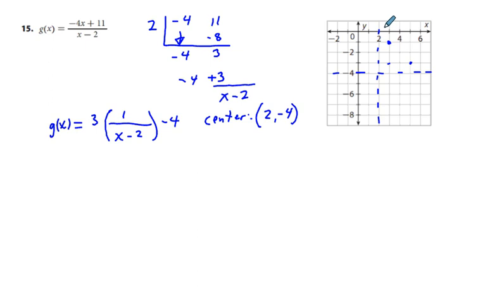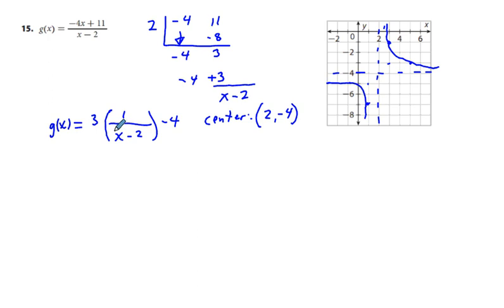So it's going to come like something like this. I'm having trouble getting this right. There we go, something like this. And then over here on the negative side, we're going to come over here and over here. So we're coming like this. So that's what it's going to look like.